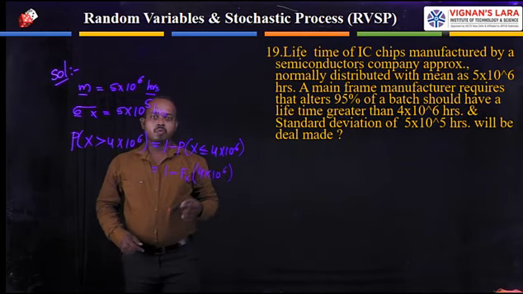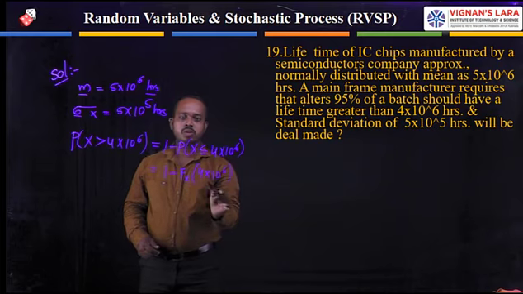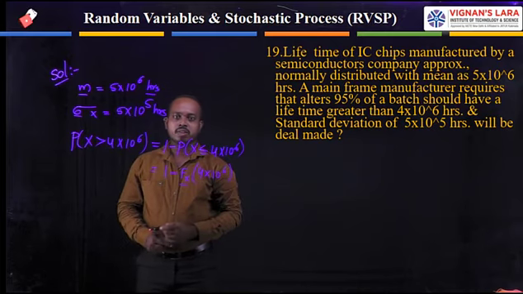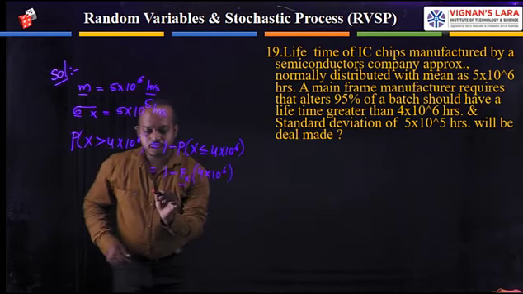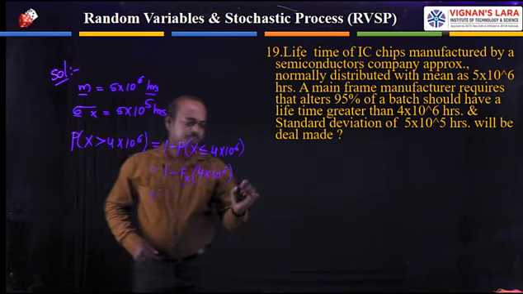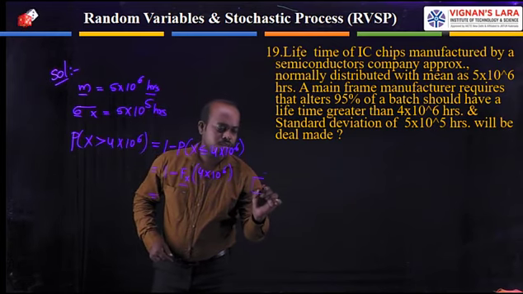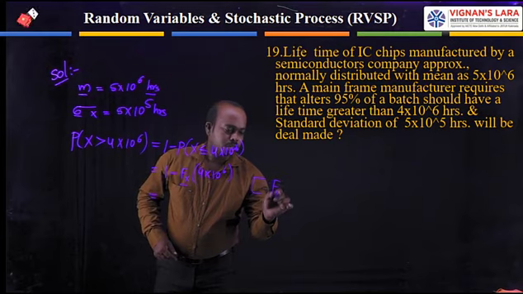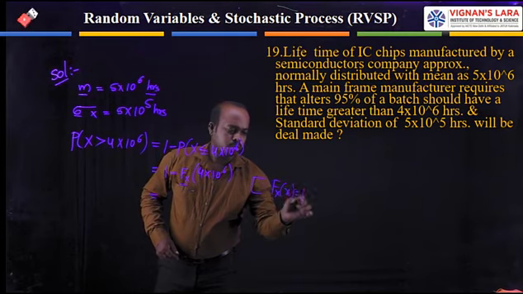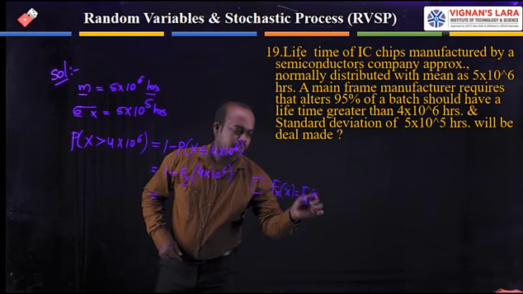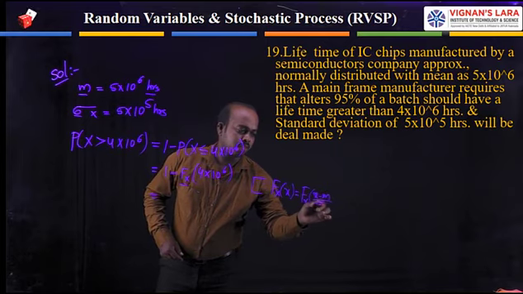Here we need to find the Gaussian distribution, since this value is a normal distribution. To find the Gaussian, we have a formula: capital Fx of x is equal to capital F of (x minus m) divided by sigma x.